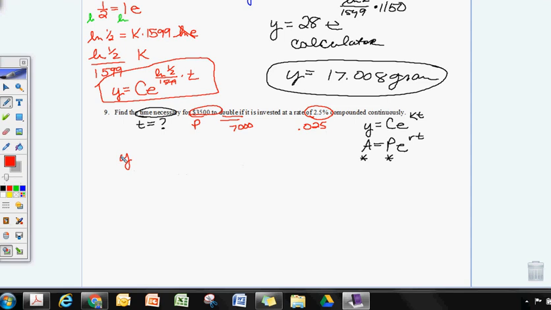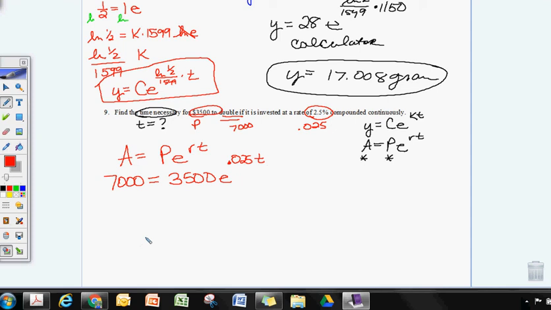So let's not do Y. Let's do A equals PE to the RT power. My A value, my ending value, is 7,000. My P value is 3,500. E raised to the 0.025 is the rate, and T is what I'm solving for.